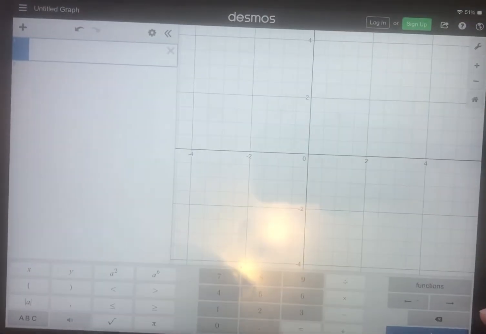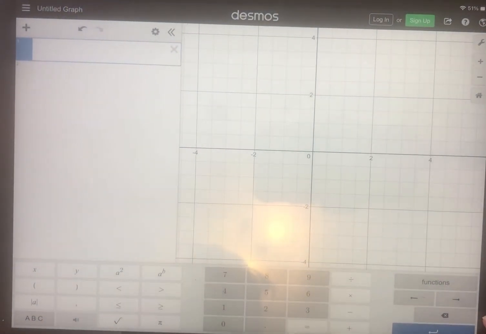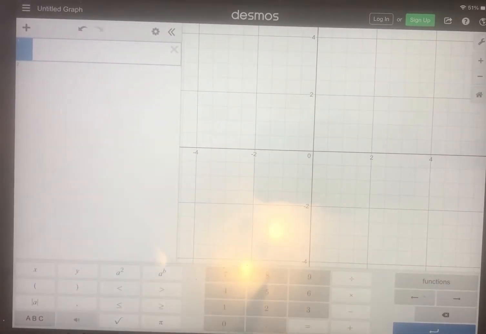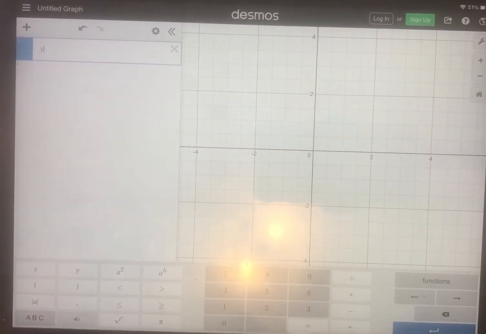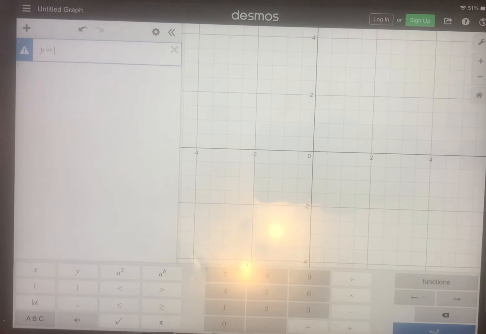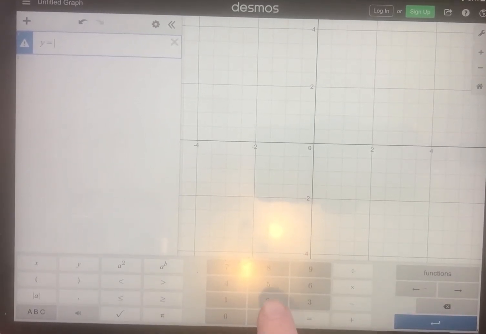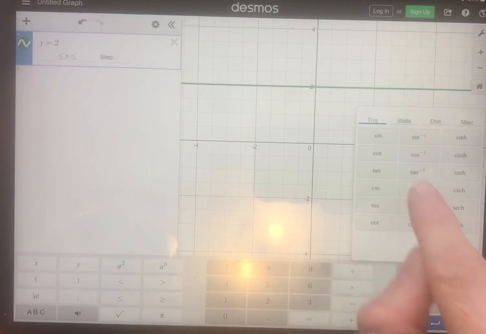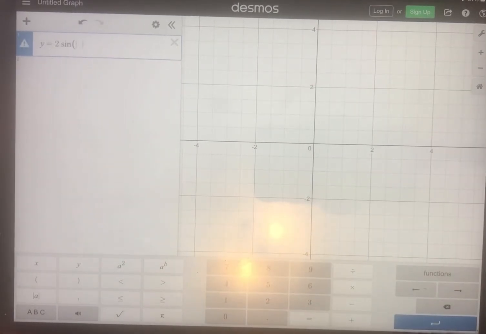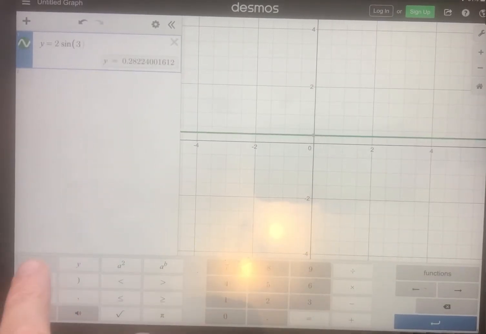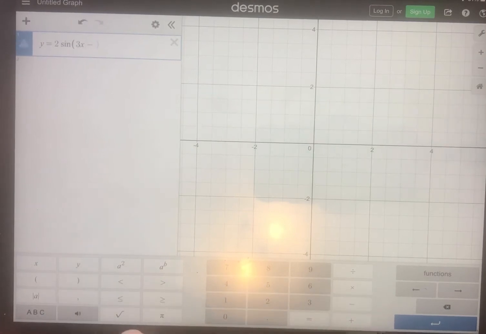Okay, I'll get the calculator, get Desmos out, get on the screen, I hope. The function was y is equal to 2 times the sine, so go to functions, press sine, of 3x minus pi.